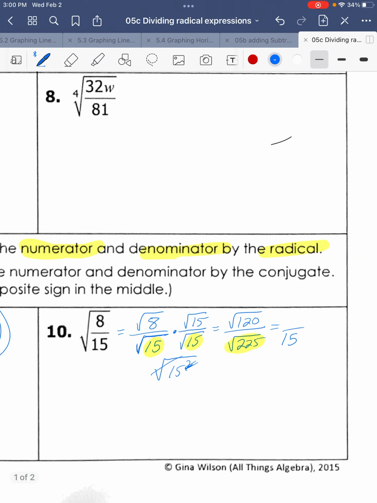In the numerator, we have square root of 120. We've got to simplify that. Square root of 120, 12 and 10. I wasn't quickly able to see a perfect square, so I'm just going to keep going with this. 2 and 5. Perfect square was, oh, it's only a 2. No, I did something wrong.